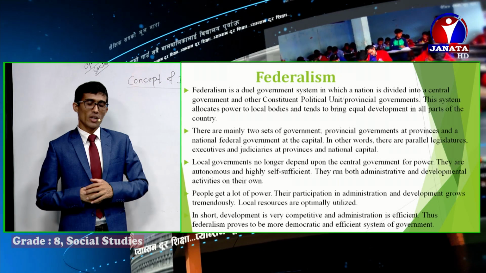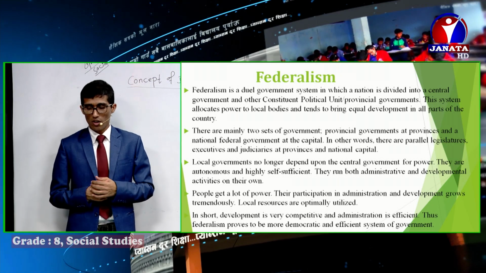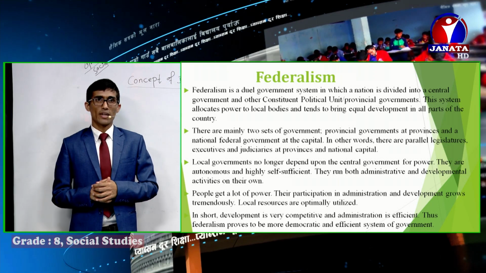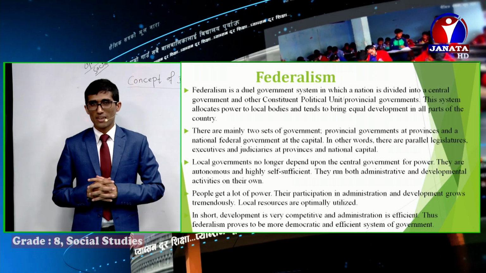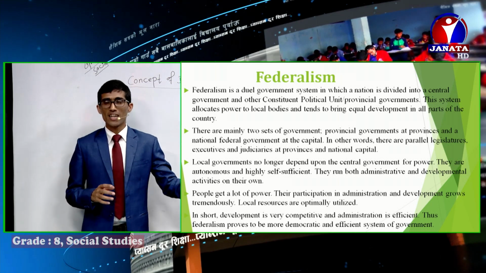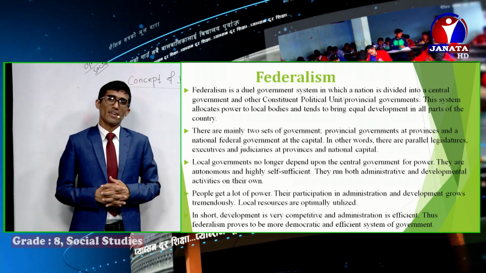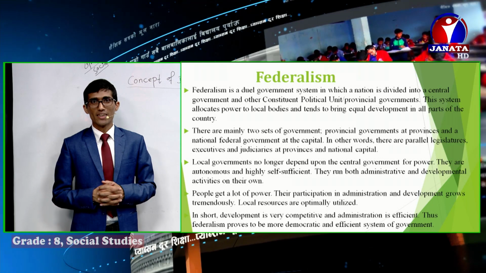This system allocates power to local bodies and tends to bring equal development in all parts of the country. What are the main objectives? I already told you, because of the failure of regionalism, the concept of regional development, the demand for federalism arose.